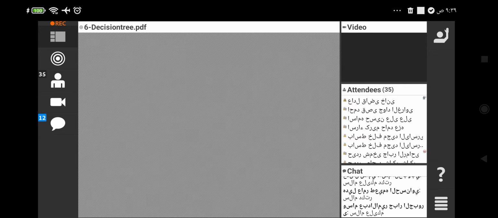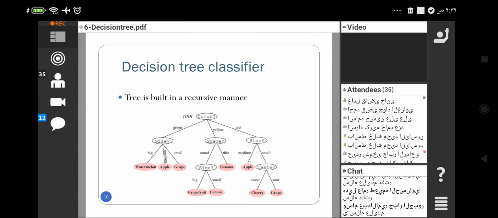Then we said that when we want to build this tree, there are two types of nodes. Some nodes are internal nodes like this one and this one. Inside these nodes we have some features, and in the leaf nodes we have the classes of our data.